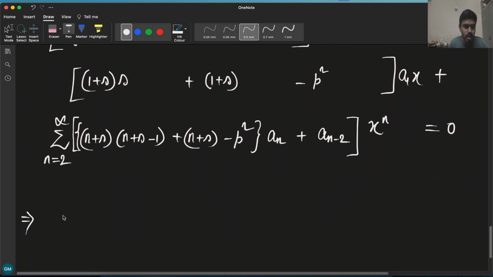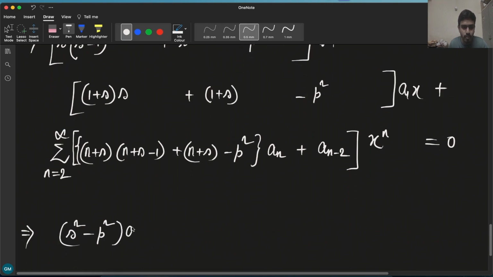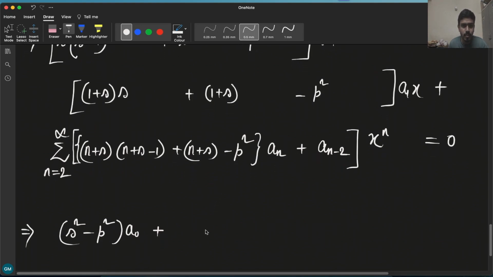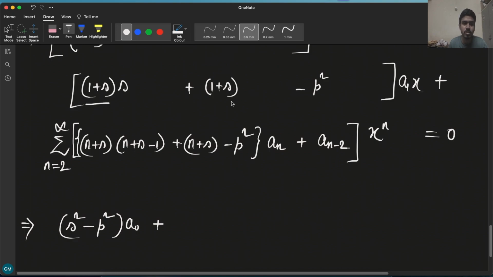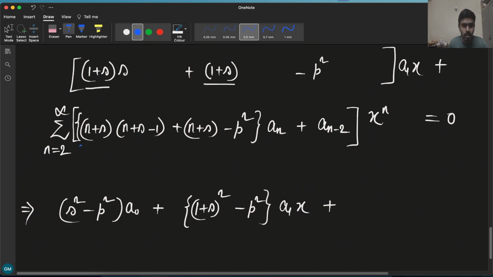So from this first one, we will get s square minus p square times a0 plus, from this second one, if I take 1 plus s common from these two terms, then it will be 1 plus s whole square minus p square times a1x plus this term, okay, this summation.